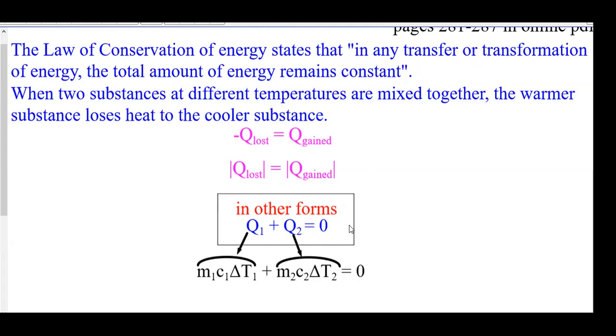If you've ever held a hot cup of hot chocolate, you know that you can feel the heat in the cup itself. If you put your hand over top of it, you can feel that the heat is escaping out of the top of the cup as well. So that is energy that's being lost. That would not be applicable to this equation.